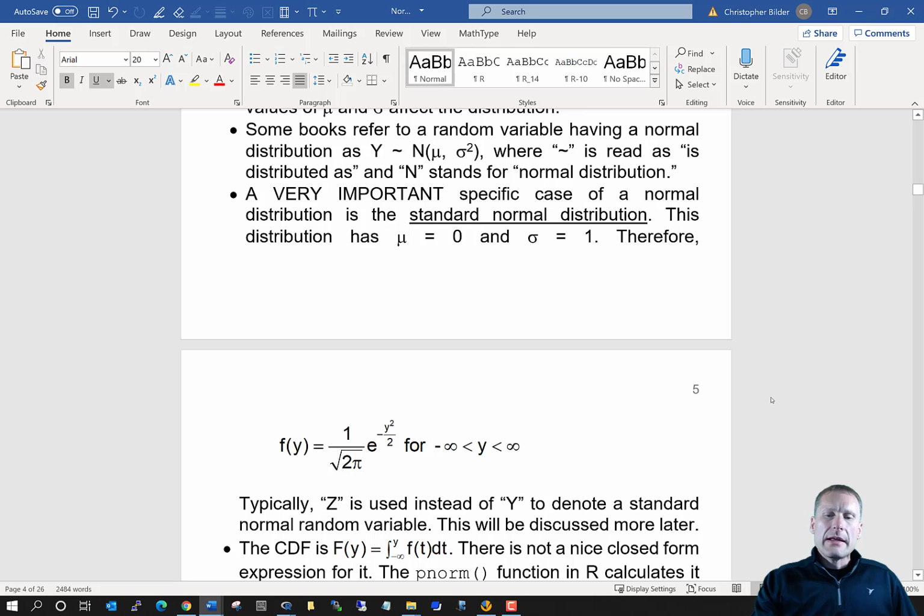Now very often you will see people write something like this, where let's say y has a normal distribution with a mean of mu and a variance of sigma squared for its corresponding random variable. Very often you will see people write that in a shorthand notation where we have a tilde there. That is a tilde. The tilde means the words "is distributed as."